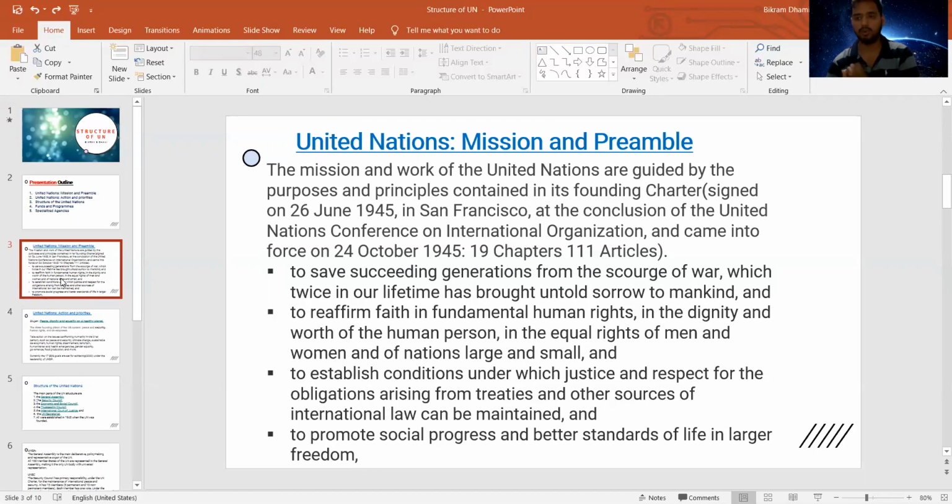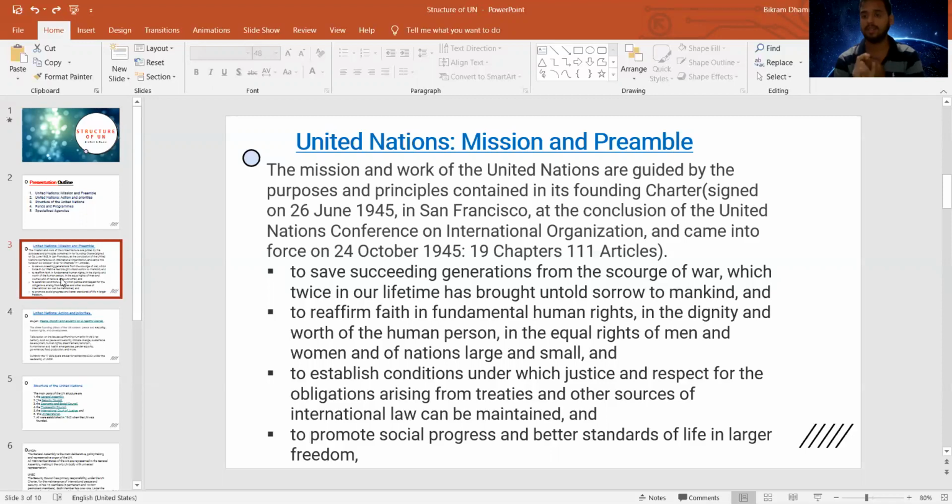So the first purpose of building the United Nations as an international organization was to stop the scourge of war, the destruction and devastation by the two wars, the First World War and the Second World War.